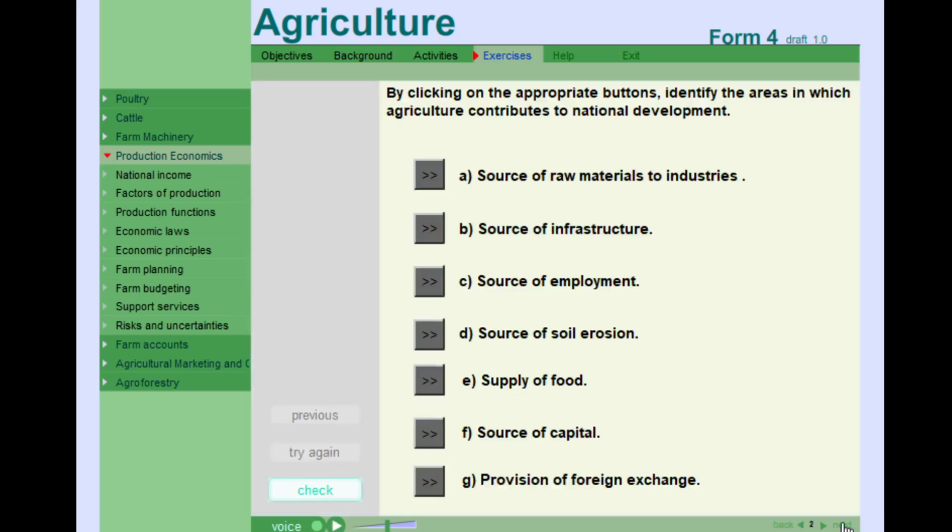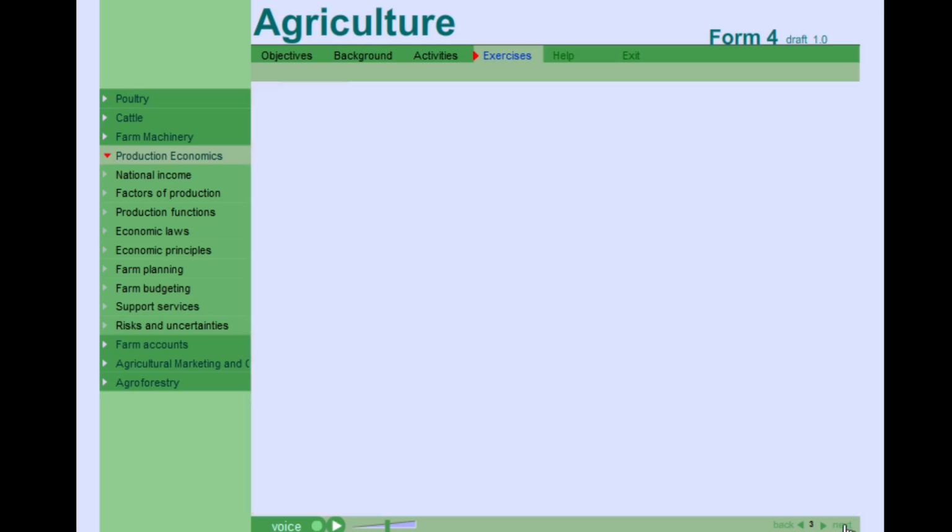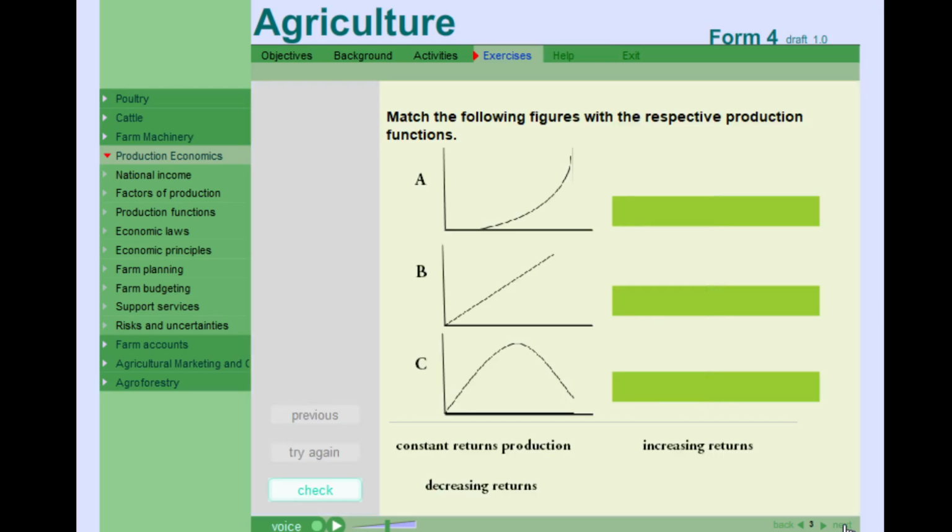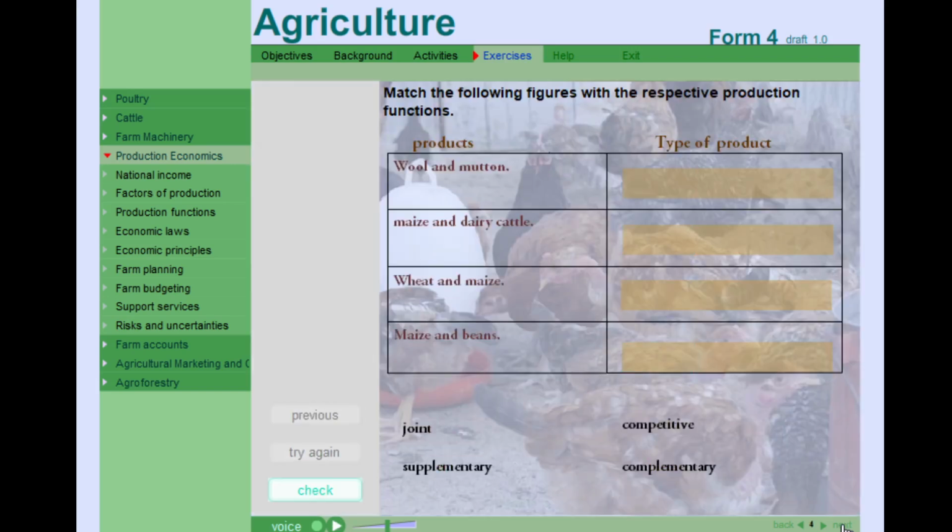By clicking on the appropriate buttons, identify the areas in which agriculture contributes to national development. Match the following figures with the respective production functions.